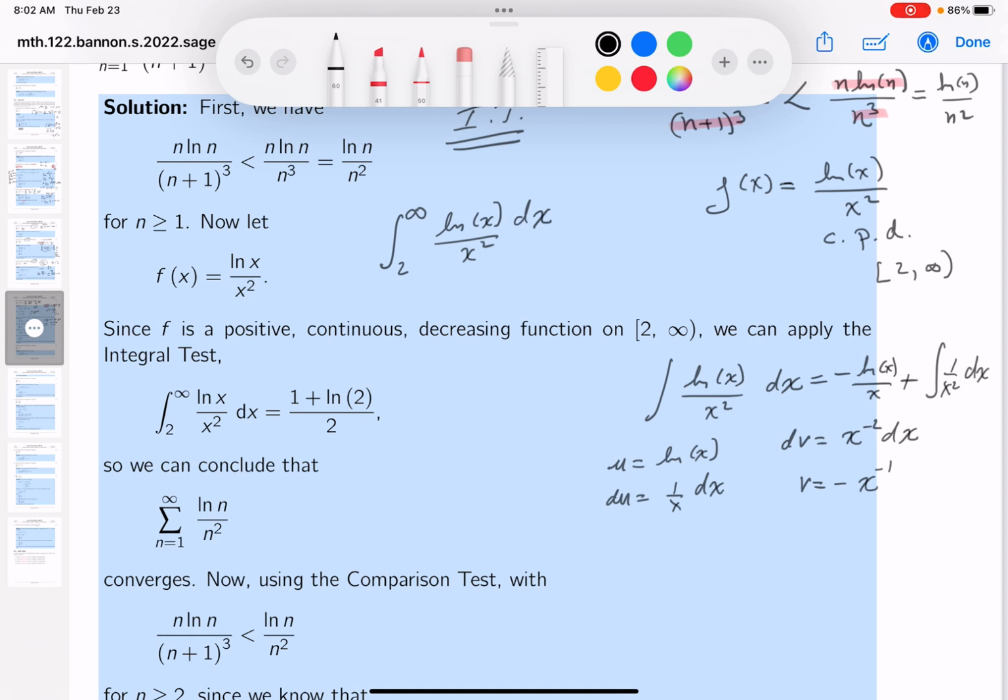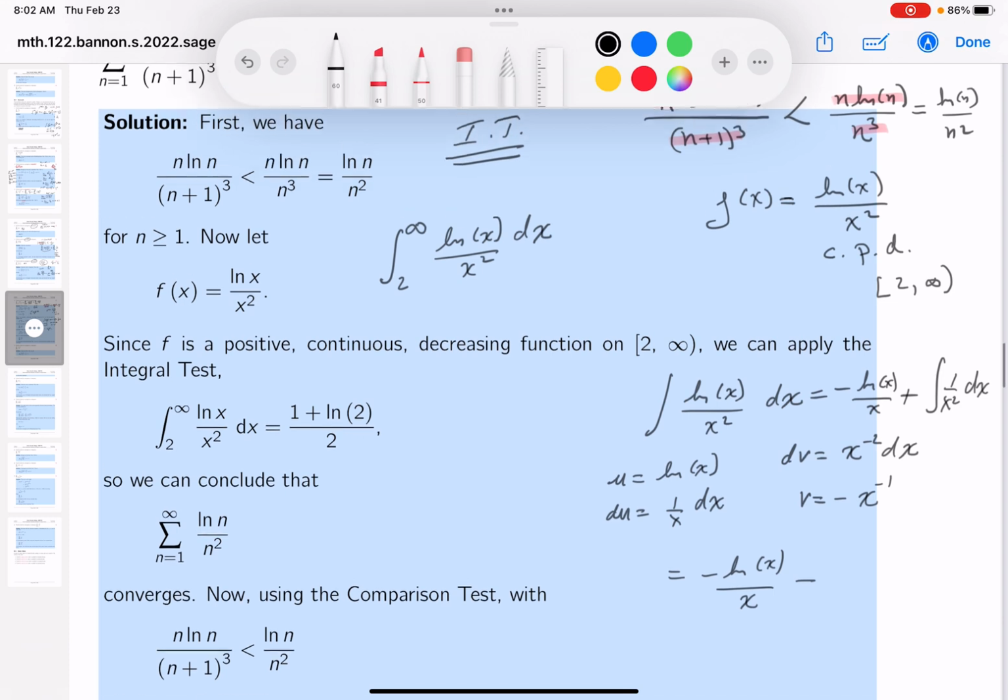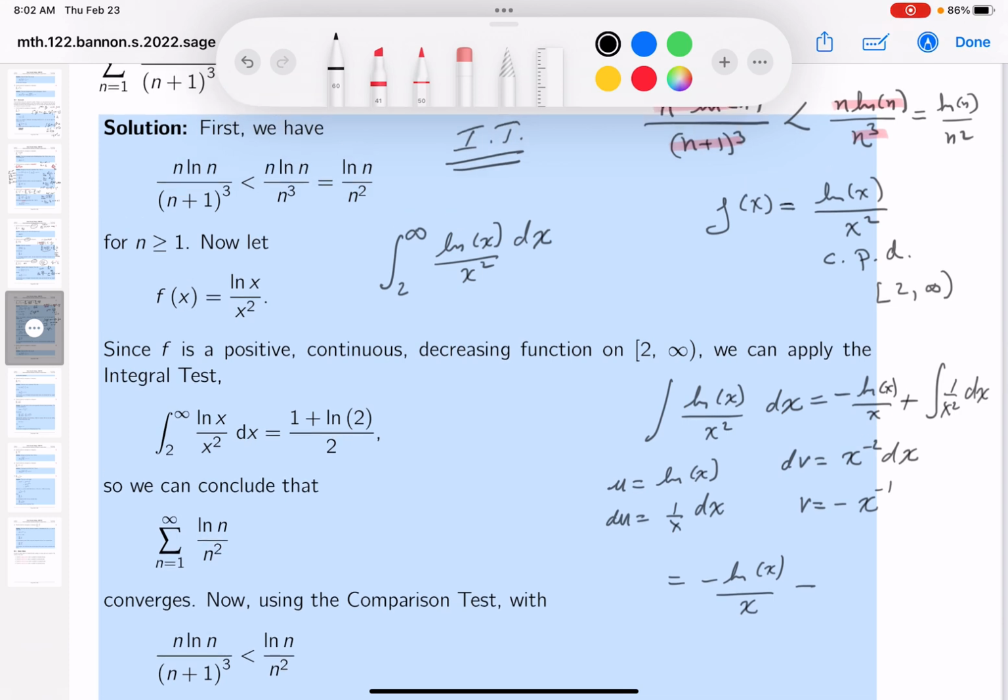All right, let me see if I can do that now. So you get minus the natural log of x over x. This is x to the minus 2, I think we just did that. And what would that give me? That would give me minus 1 over x, and then some constant of integration, by the way. So I think I'm ready to put the limit down now.